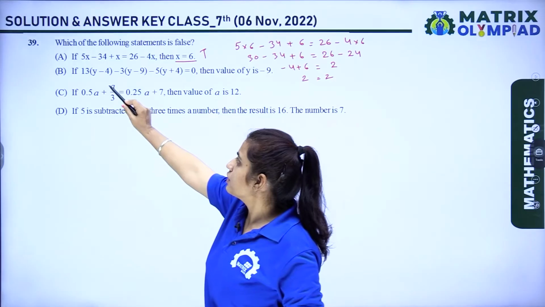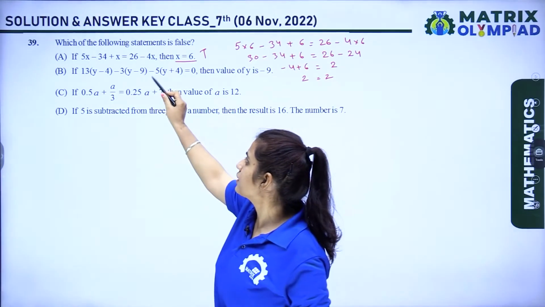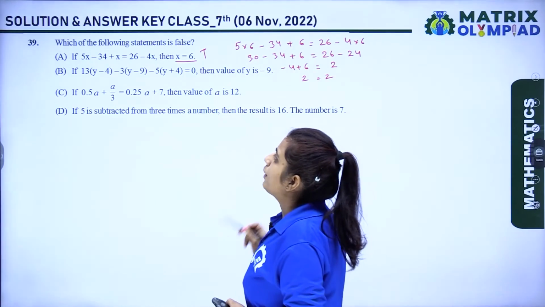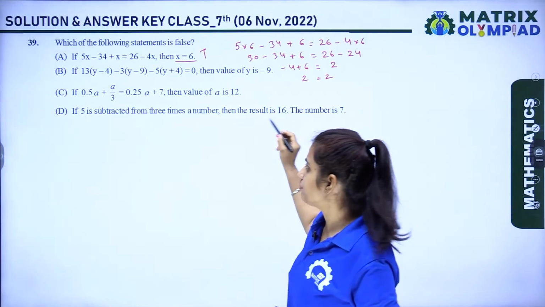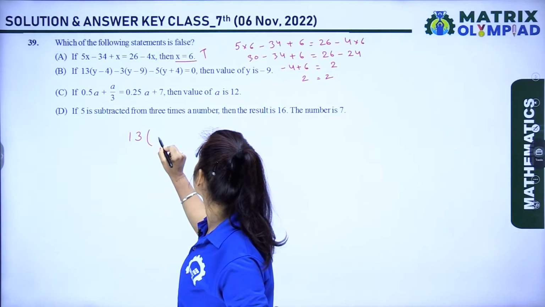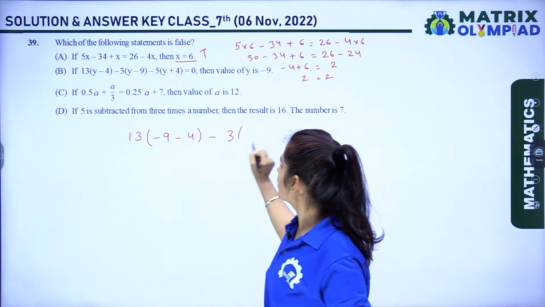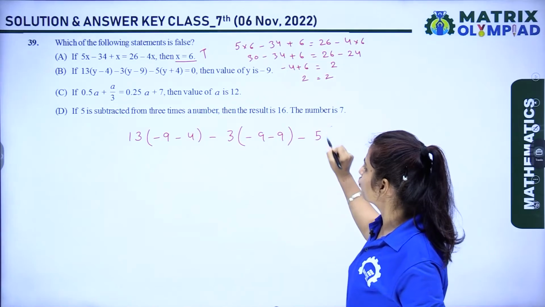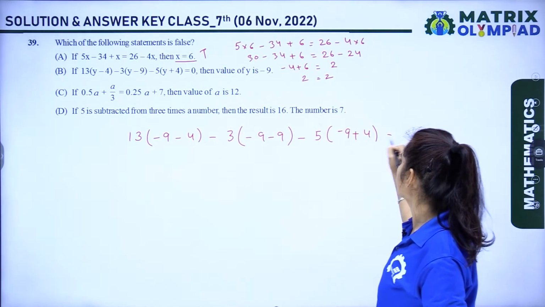Now the next statement is 13y minus 4 minus 3 bracket y minus 9 minus 5 bracket y plus 4 equal to 0, then the value of y is minus 9. Now here we put the value of y, that is minus 9 minus 4, 3 minus 9 minus 9 minus 5 minus 9 plus 4 equal to 0.